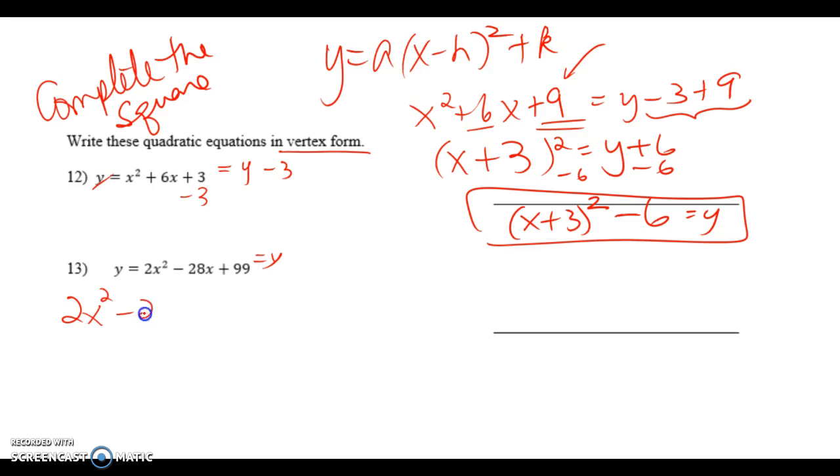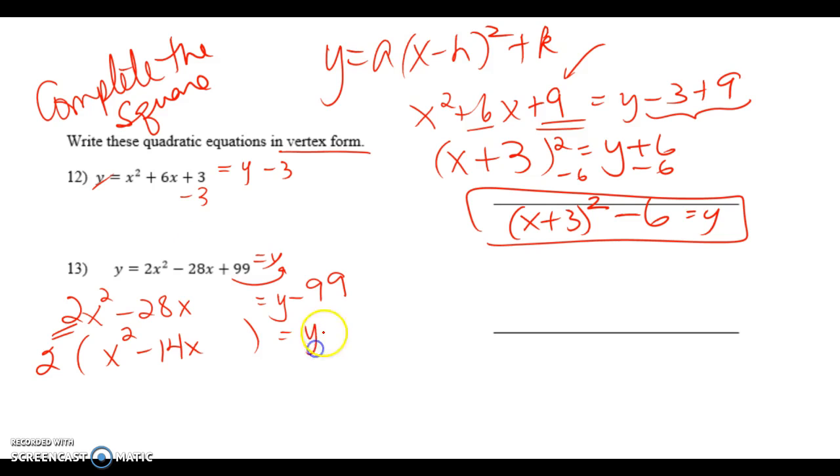2x squared minus 28x equals y minus 99. And move that over to 99. Now we can never ever complete the square unless there's a 1 coefficient in front of the x squared. So I have to factor out 2. I'm left with x squared minus 14x. This equals y minus 99.